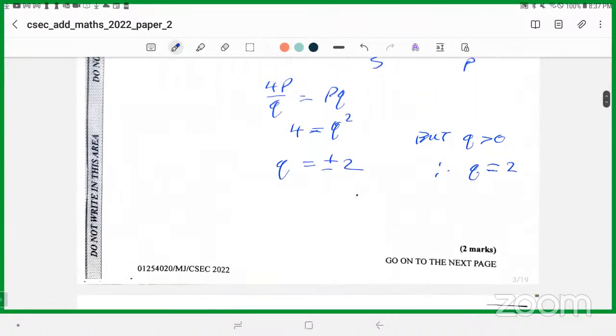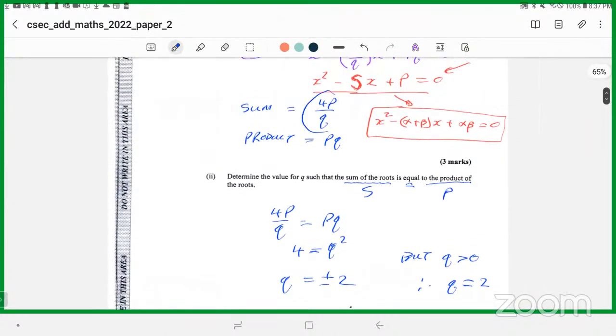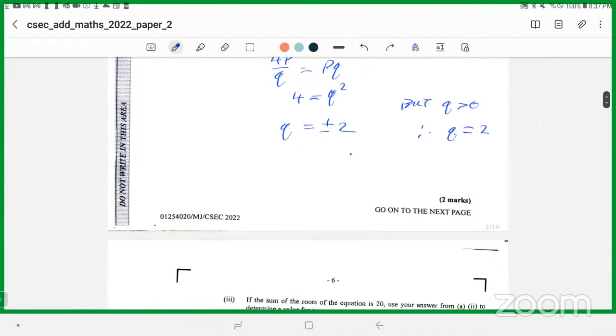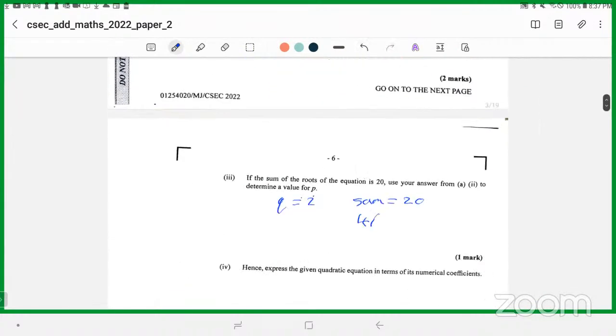What is the sum again? The sum is this guy here, 4P over Q. So 4P over Q equals 20. And if Q is 2, it means that 2P equals 20. So P equals 10. That's all. P equals 10, right? Do you get that? So P equals 10.